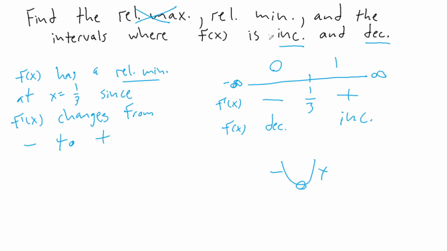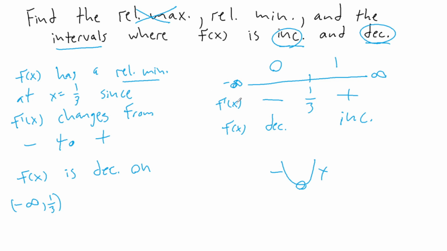Now, I'm not going to write the statement for increasing and decreasing because they're the same, just opposite. So I'll just do decreasing. So you would write f of x, our function, is decreasing. You can write just dec, period, that's accepted on the AP test. F of x is decreasing on, because I asked for an interval, negative infinity to 1/3.